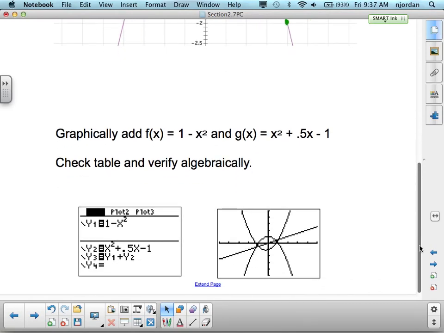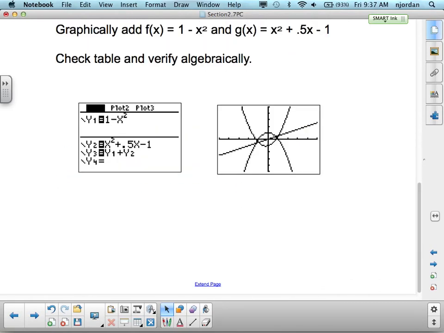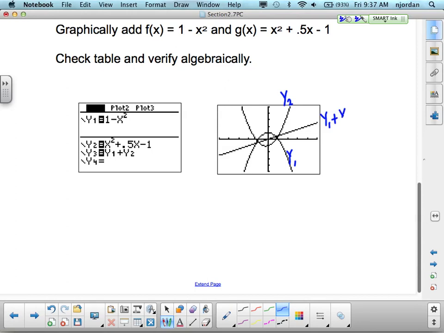But I want to show you here, I did this ahead of time. On your calculator, when I typed in 1 minus x squared, that's that parabola facing downwards. So this is my y1 right here. Y2 is the parabola facing upwards. And then when I added the two functions together, notice on the calculator I just did y1 plus y2. That gave me the linear function, the line.